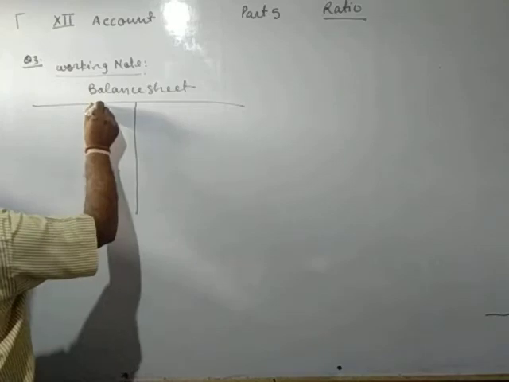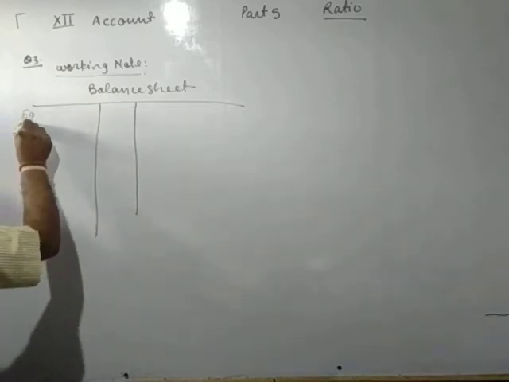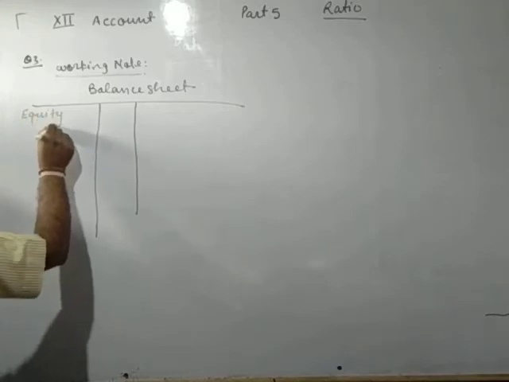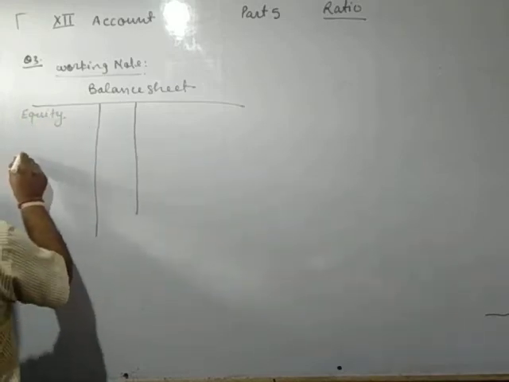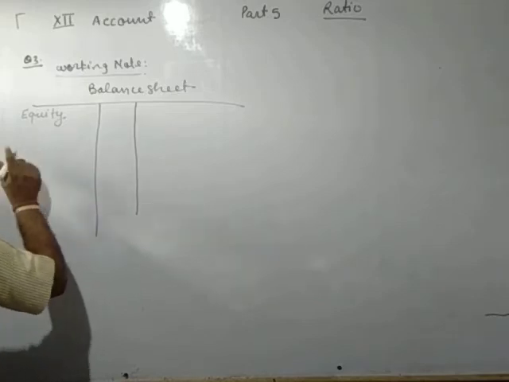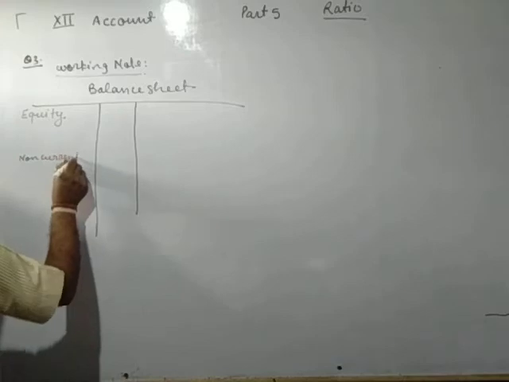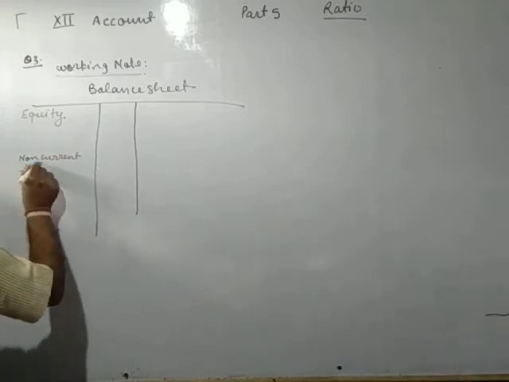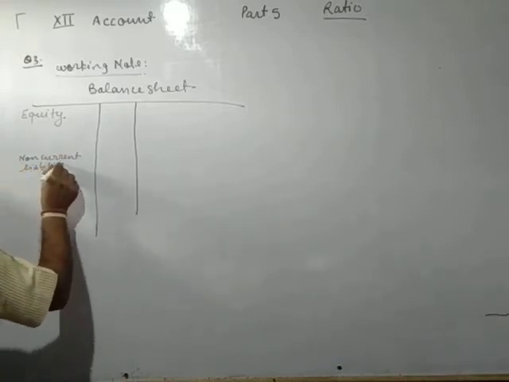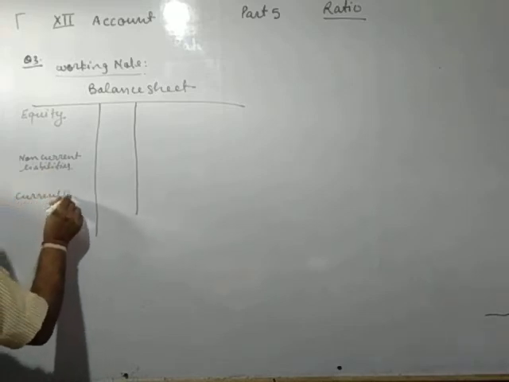In the balance sheet, liability side, first heading is equity, second non-current liabilities, third current liabilities.